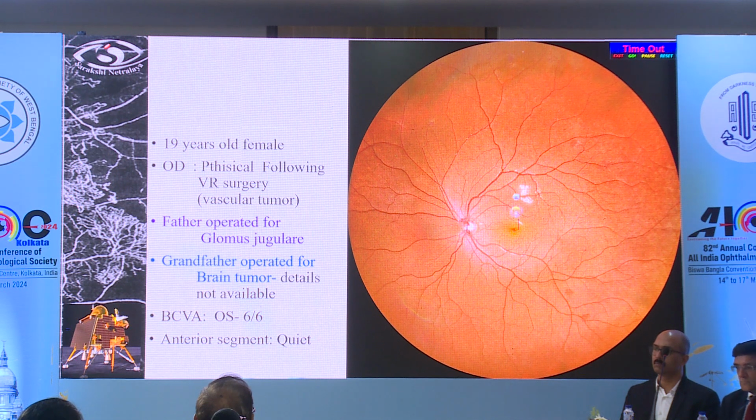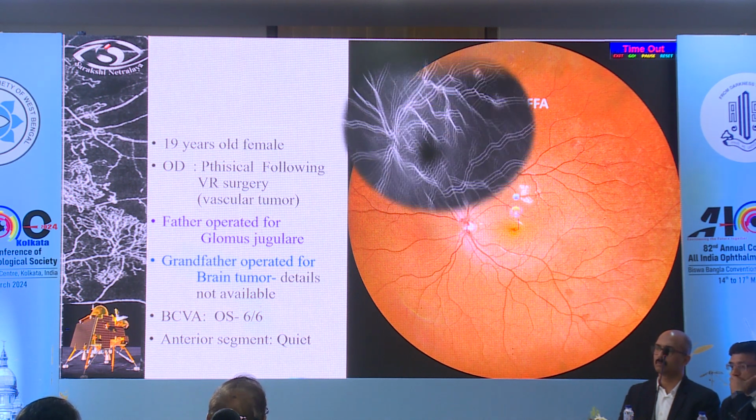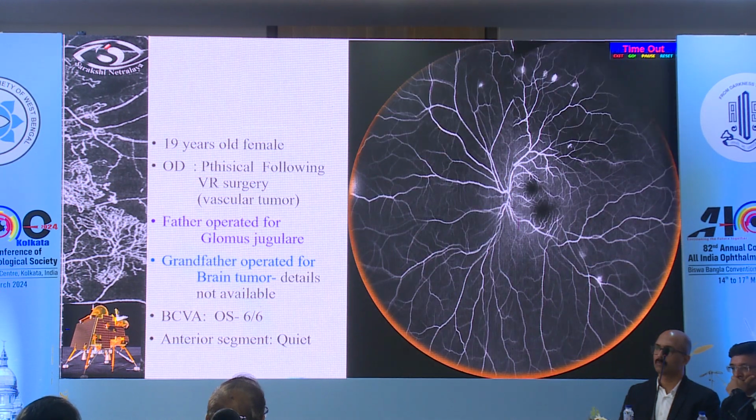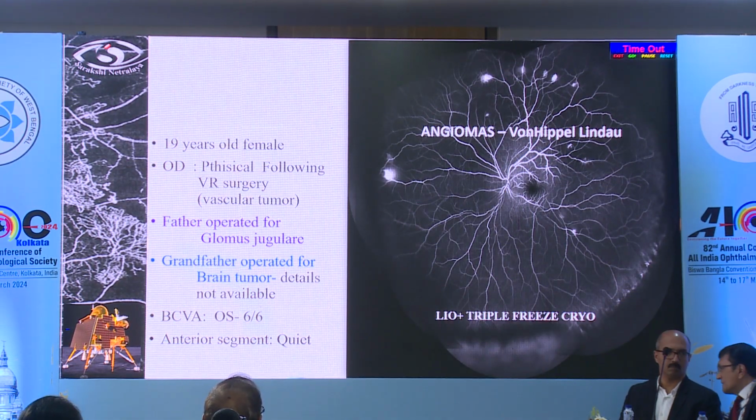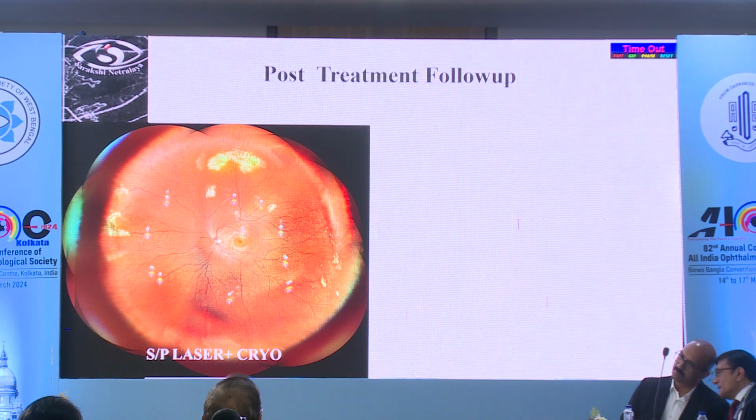But that family history did not leave me comfortable. So I decided to do a Widefield angiogram for this patient, and look at this. Multiple angiomas, and a case of von Hippel-Lindau. So we treated this patient with LIO with triple freeze cryo, and you can actually document the whole thing.